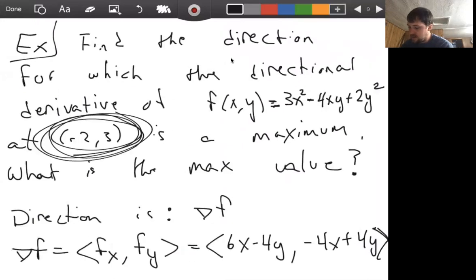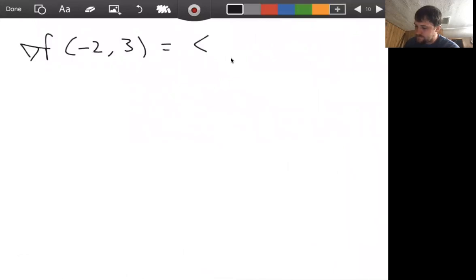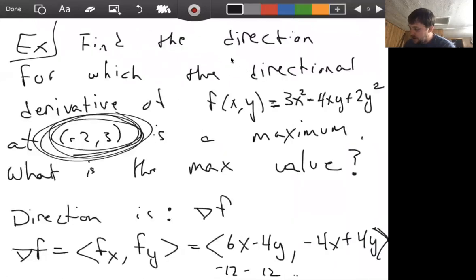And so if we plug in -2, 3, well, it looks like we're going to get -12 minus 12, so -24. And then we're going to get negative times negative, so 8 plus 12, which is 20.